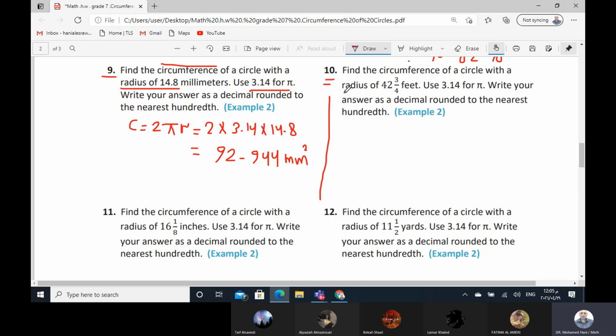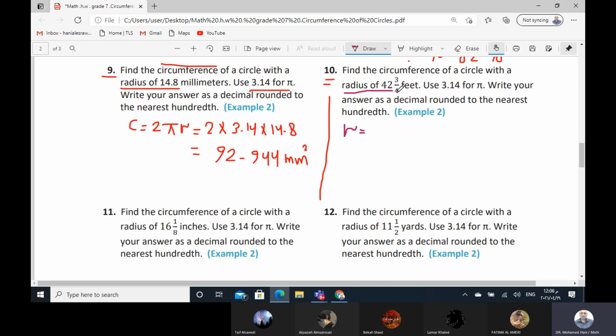So as you see here, we have the information, we have the radius, 42 and 3 over 4. This is a mixed number. Try to change it to a fraction.